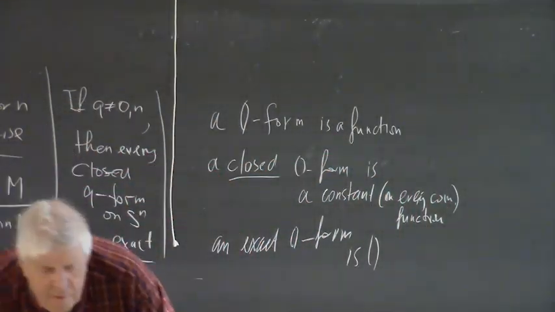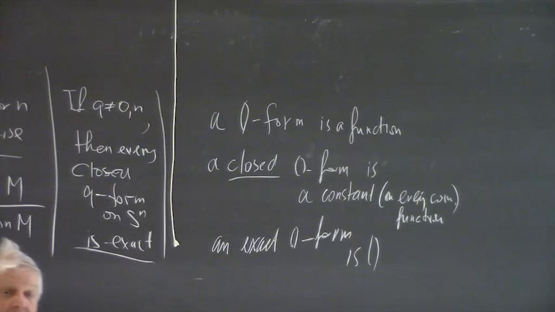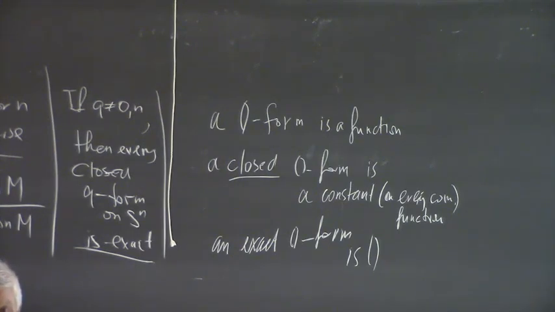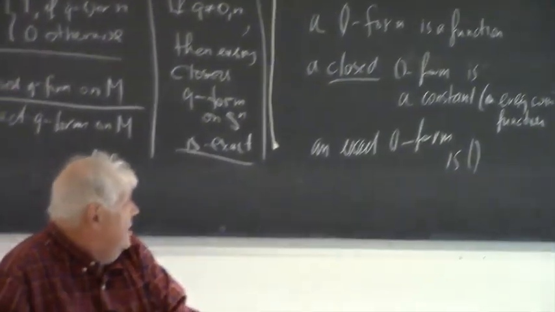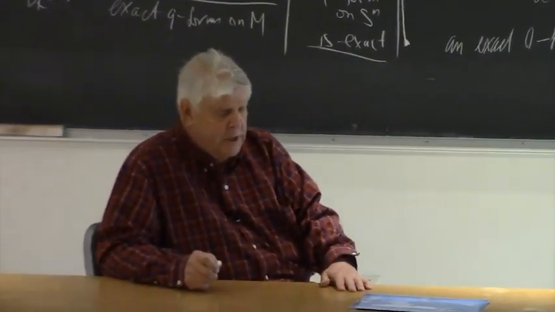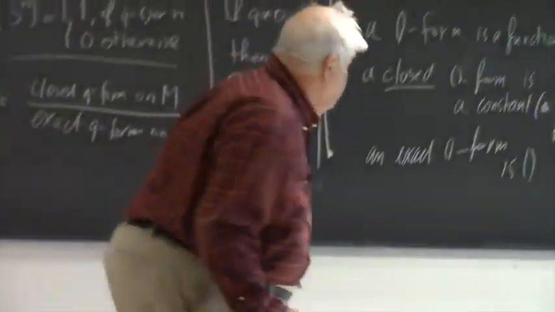No forms of degree -1, so no differentials. Usually we attribute to the 0 form all possible degrees. So 0 is a form of whatever degree you wish, and the only exact 0 form is 0.